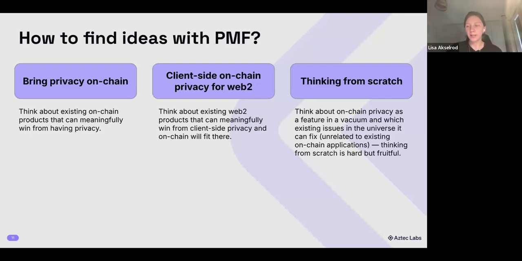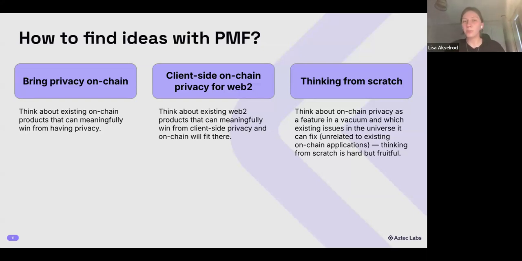And the third approach, a bit of a special one, let's call it: think about on-chain privacy as a feature in a vacuum. Meaning, do not think about existing products, either in Web2 or on-chain. Think just about what problems in the universe on-chain privacy can fix.